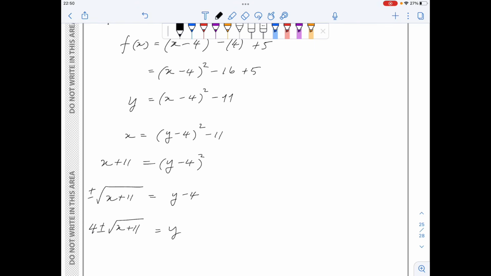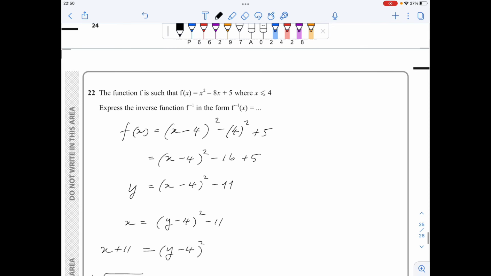Now, note that I have a domain for my function. X is less than or equal to 4. So the corresponding range of the inverse function is y is less than or equal to 4.